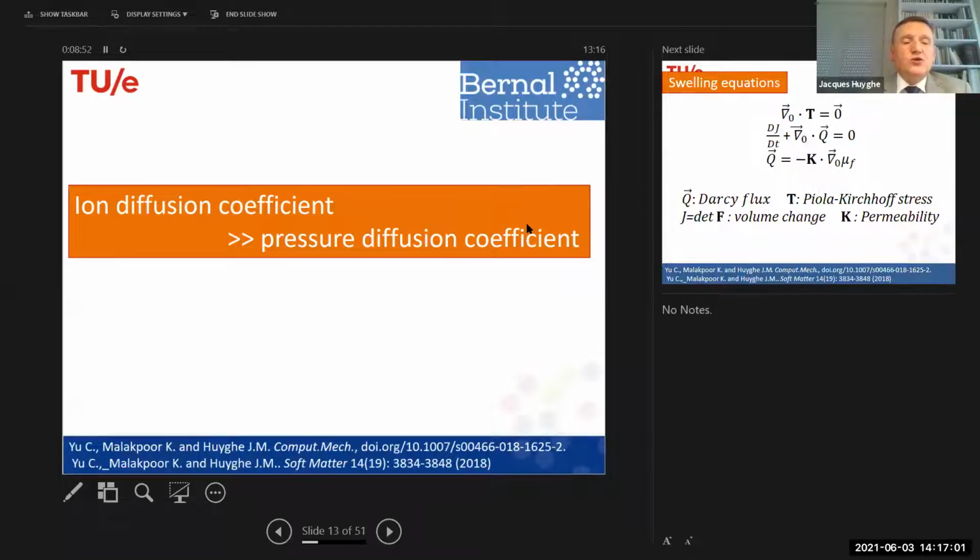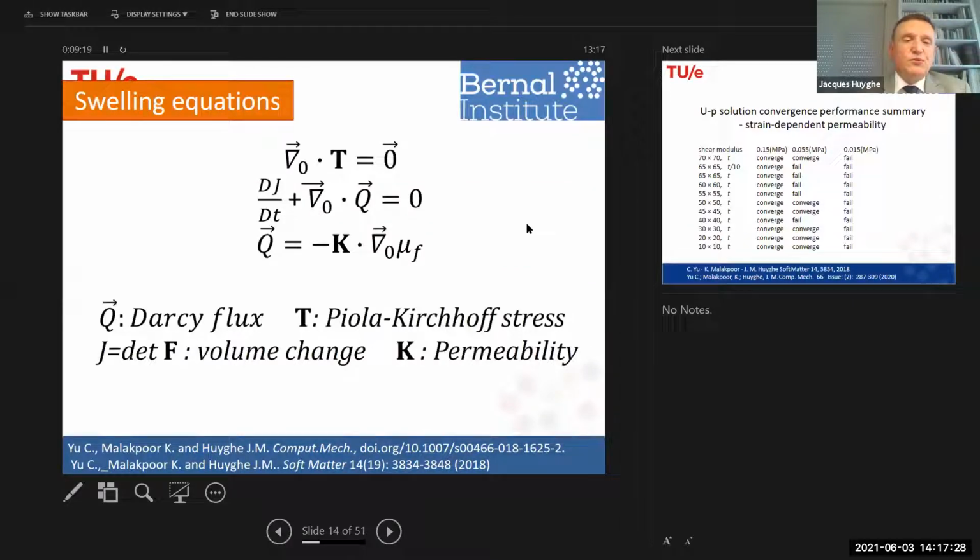And so we can assume that the ions are immediately in equilibrium with their outer solution, and as opposed to that, water is not. Another way to put it for those who are at home with poromechanics is that we assume the ion phase to be drained and the water phase to be undrained or partially drained.